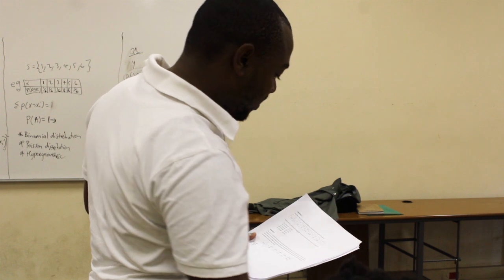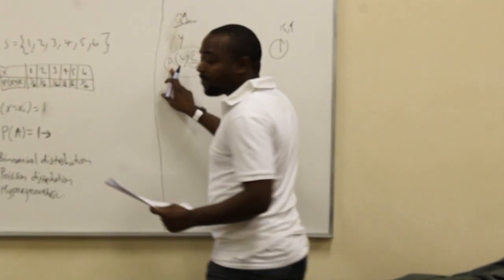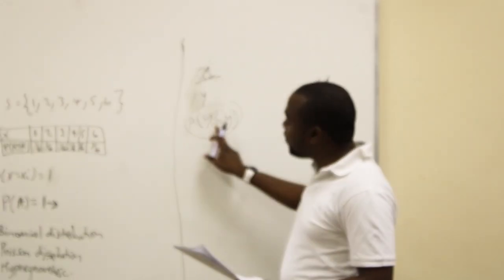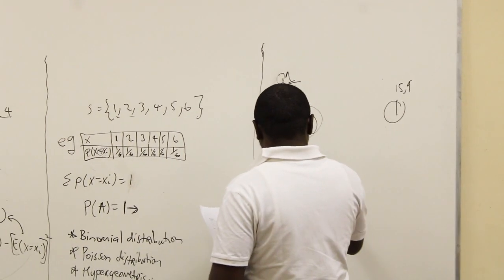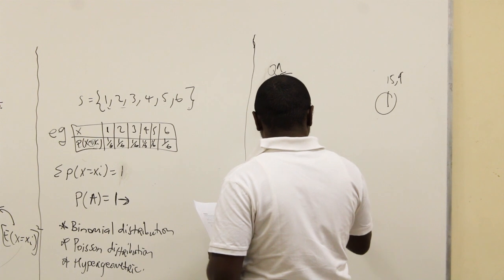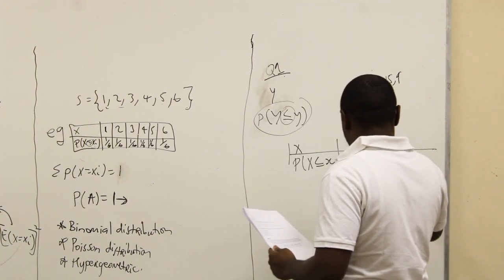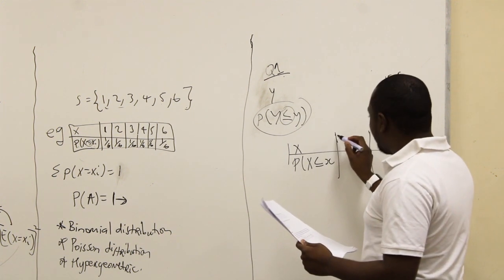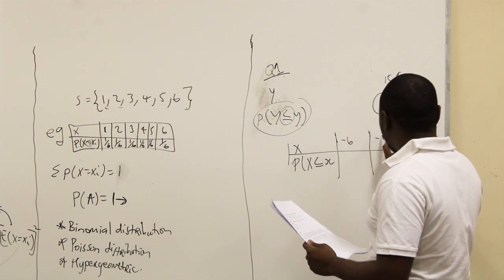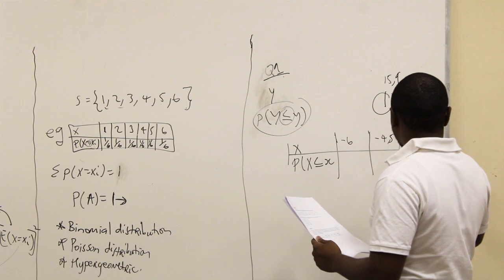Okay, so obviously then if you look, guys, you're given cumulative probability, right? What does this mean? If you've got an outcome x, the probability of x being less than x, then you've got minus 6, minus 4.5, minus 0.3.